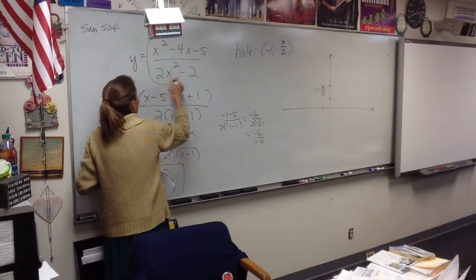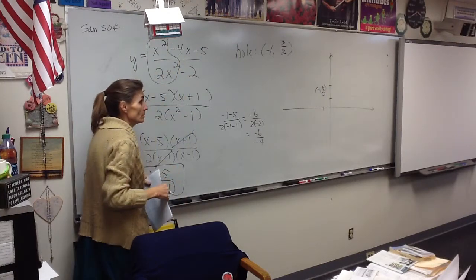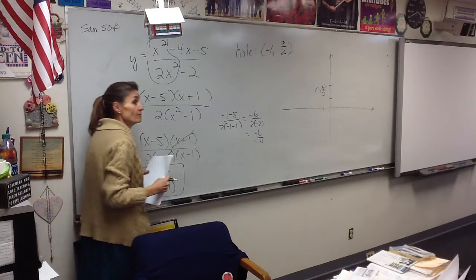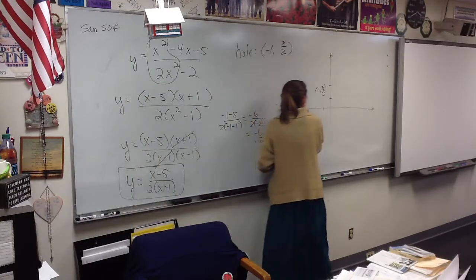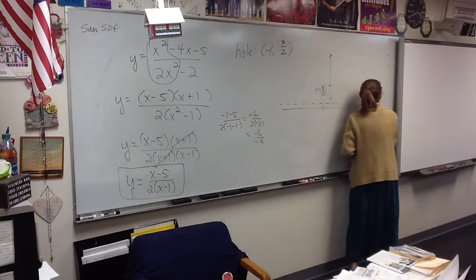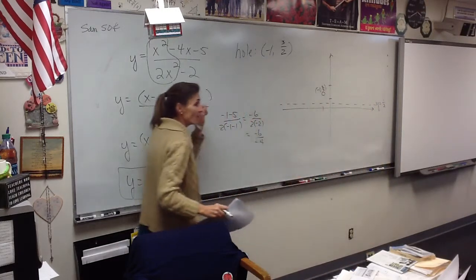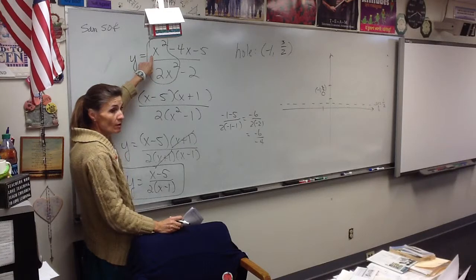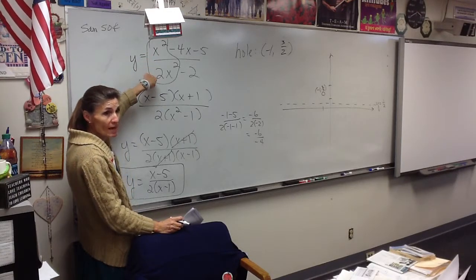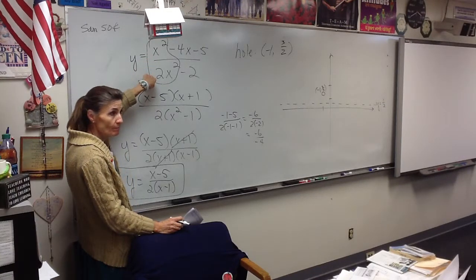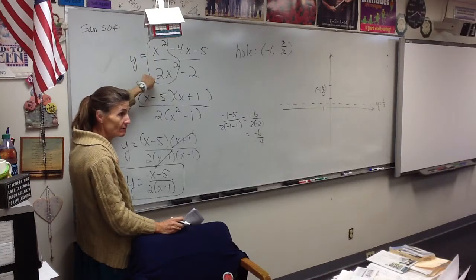Watch it. It's not at 2. It's at 1/2. The horizontal asymptote is at 1/2 because you have 1x squared over 2x squared.